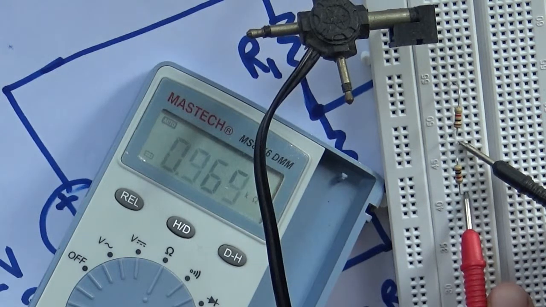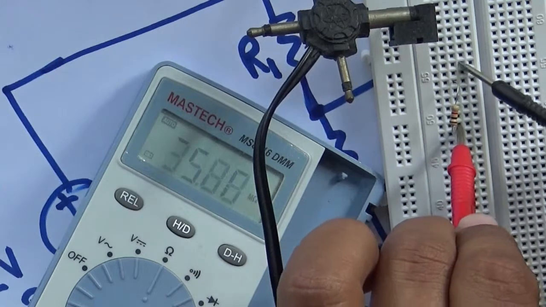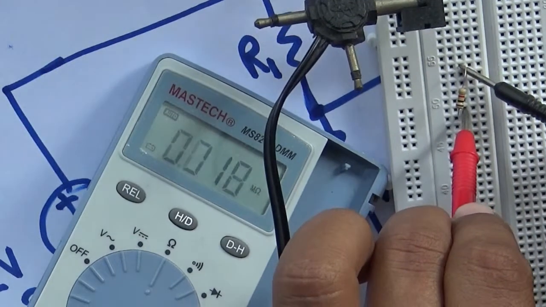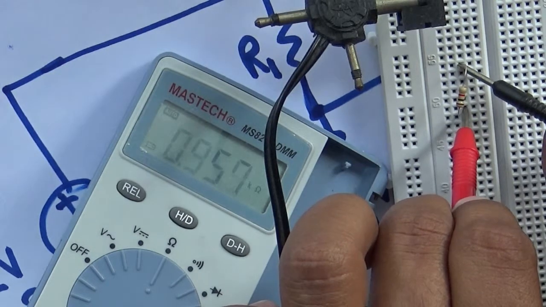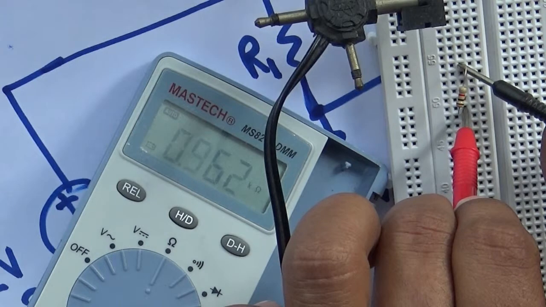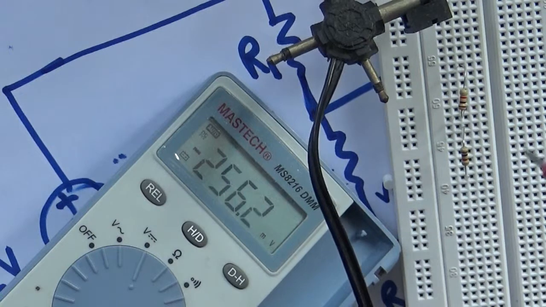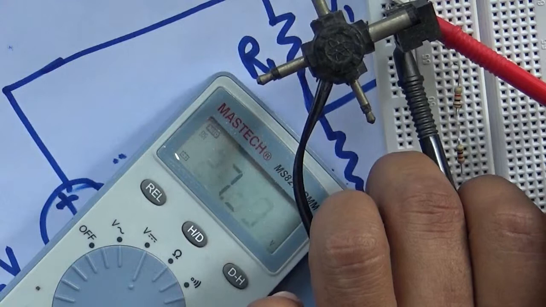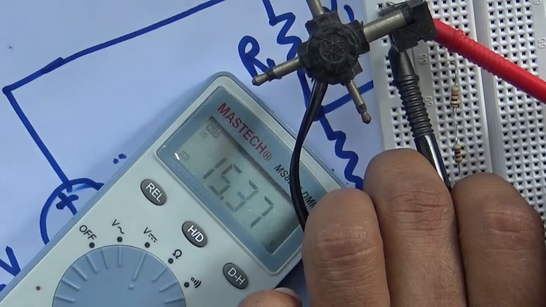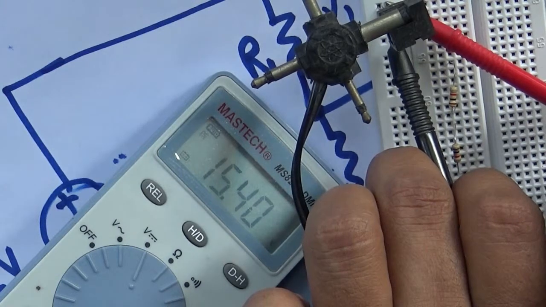The readings are 0.969 and 0.962. My supply voltage is 15 volts DC.